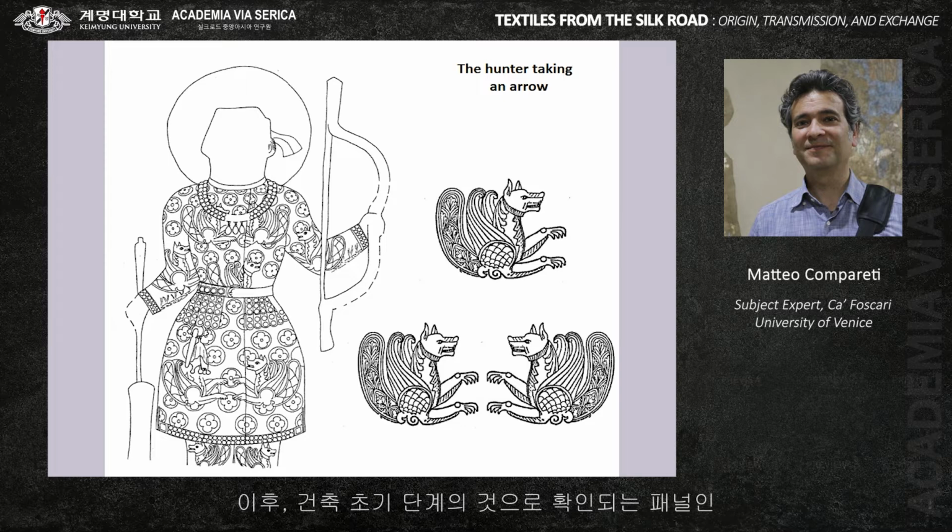Then in the first stage of construction, which has been identified with the hunting panels, the wild boar on the left and the deer panel on the right, then we could imagine that this is not a king, but is Bastam himself. Dressed with a typical dress that he took from Central Asia, in my opinion.